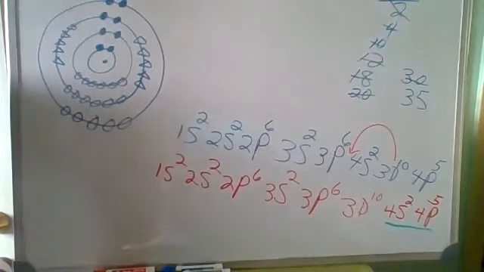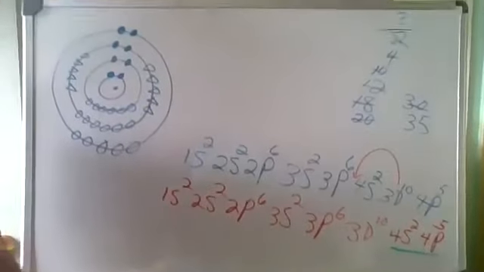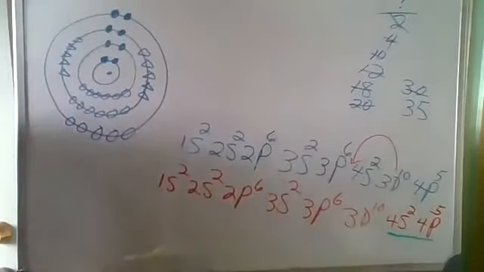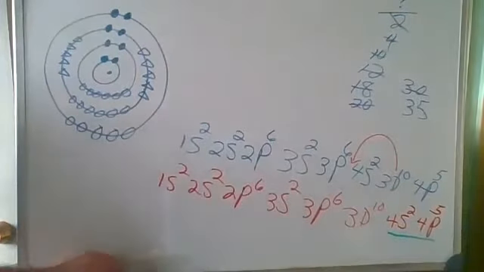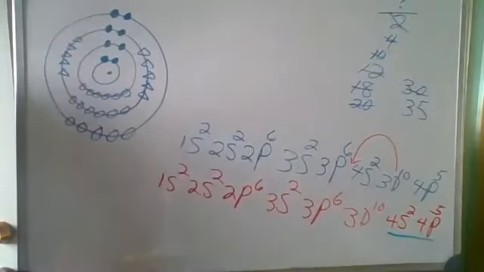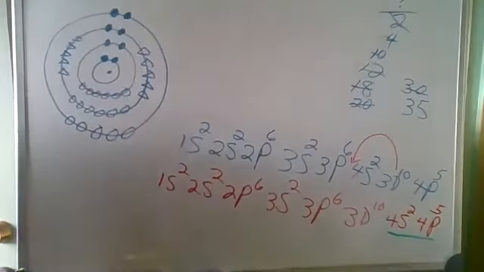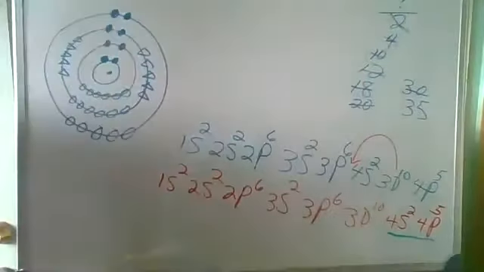Now we're in position to see why you drop back a ring for d electrons. Suppose I had made these 4d. So we went 4s2, 4d10, 4p5.